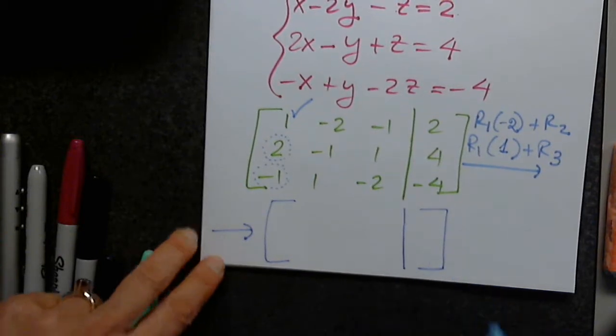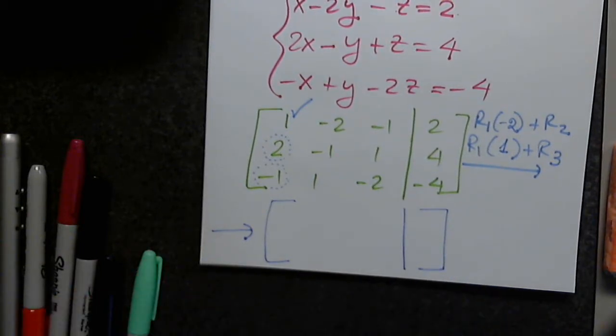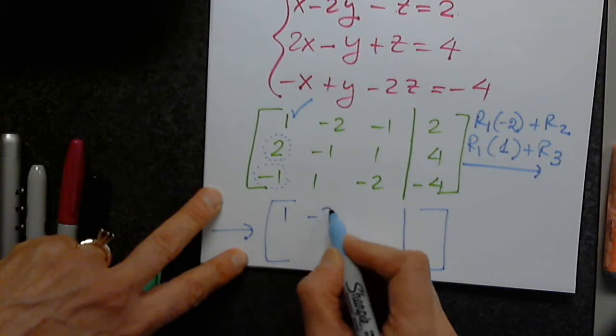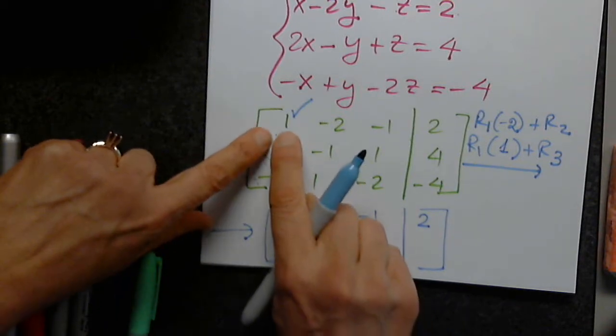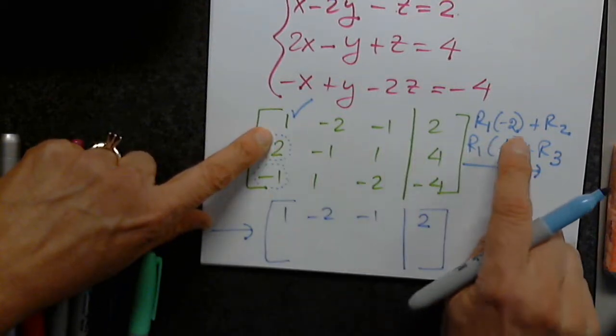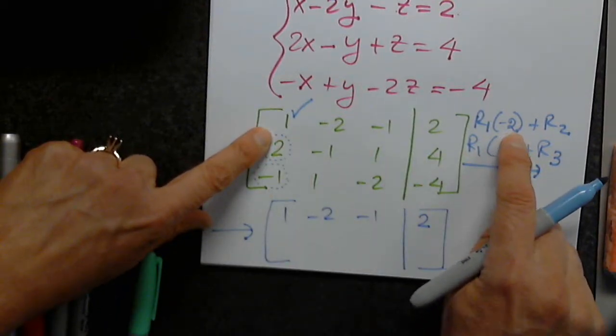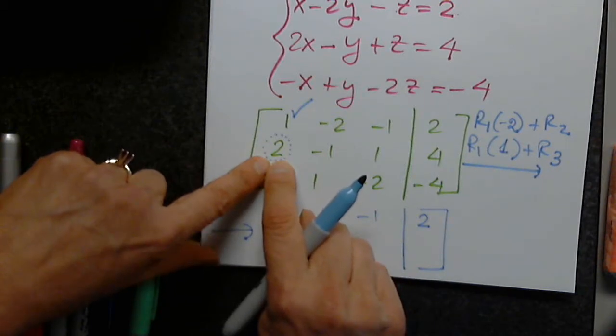Which of these 3 rows will not change right now because I'm using it to do something with it? Row 1. Very good. Let's copy row 1. 1, negative 2, negative 1, 2. Careful how we start. 1 multiplied by negative 2 plus 2.